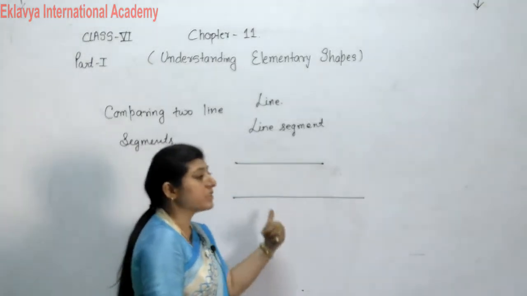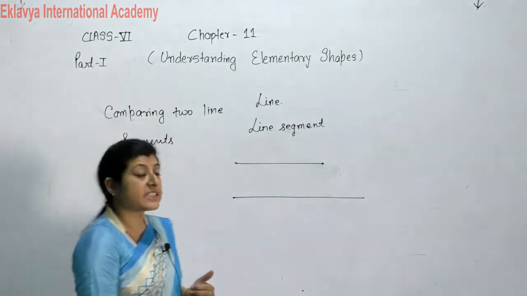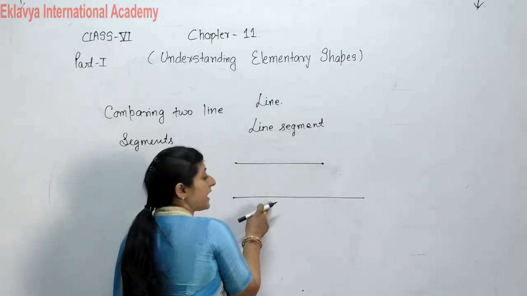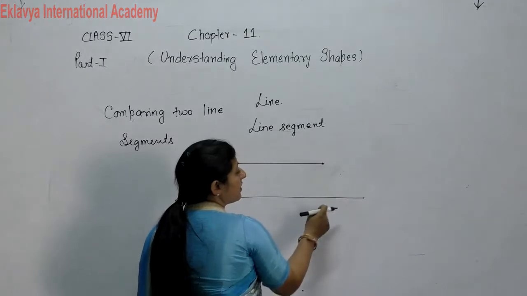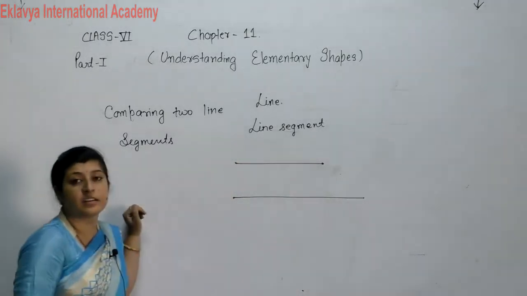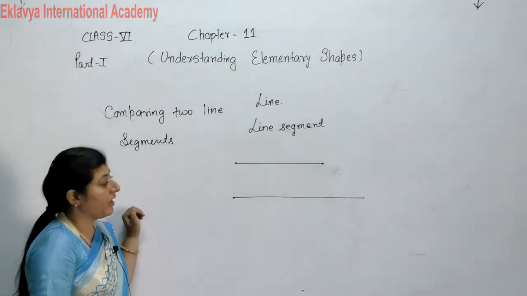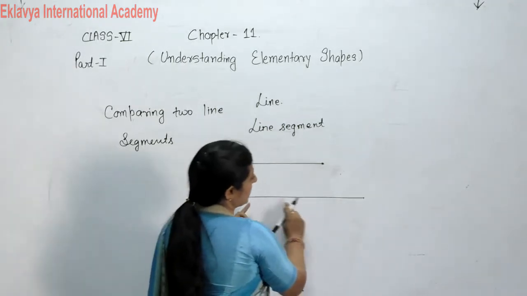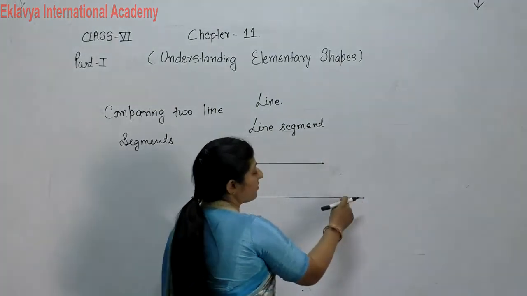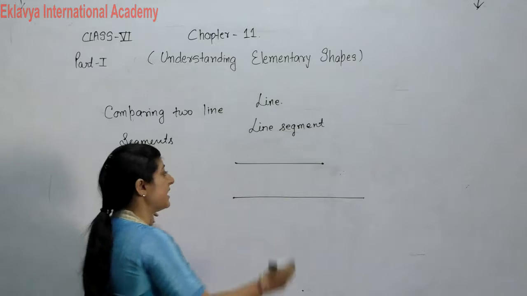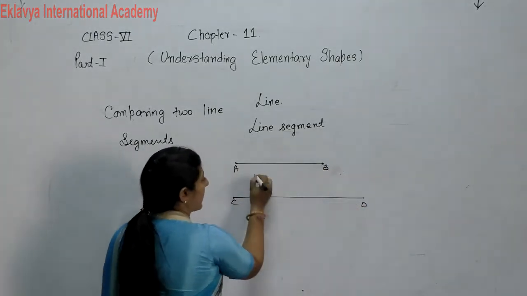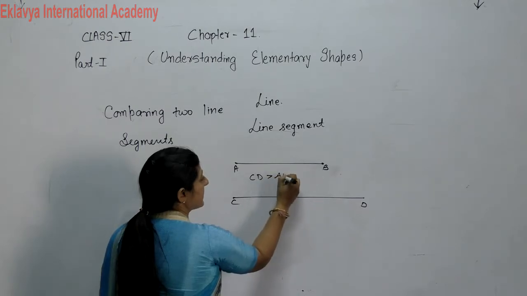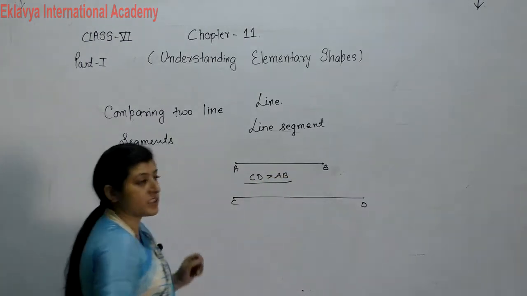When we observe, we can see that the downside line segment is more than the upper side line segment, because you can see that this length is greater than this. So if I write this one AB and CD, I can say that CD is greater than AB.